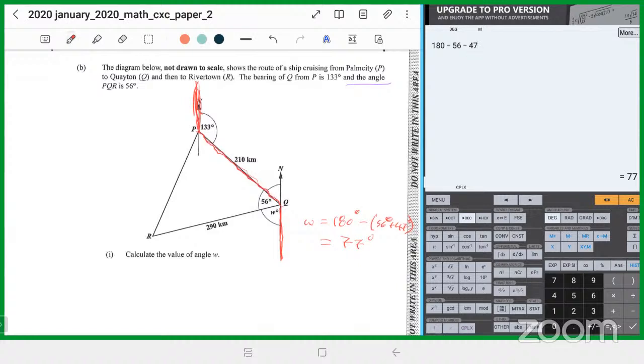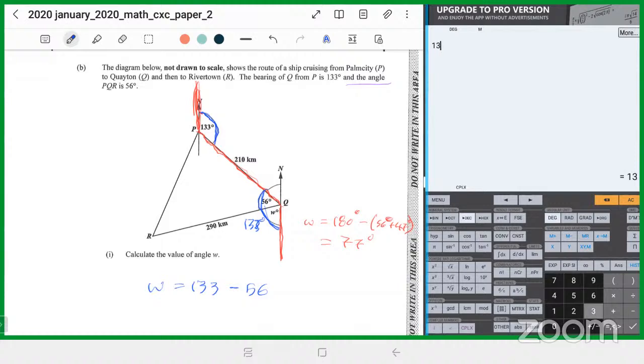And so this angle up here is equal to this angle down here, as in a Z, but like the Z is stretched out. So this total angle is 133 degrees, because it is equal to this one. So if this angle is 133, then W is equal to 133 minus 56, right?